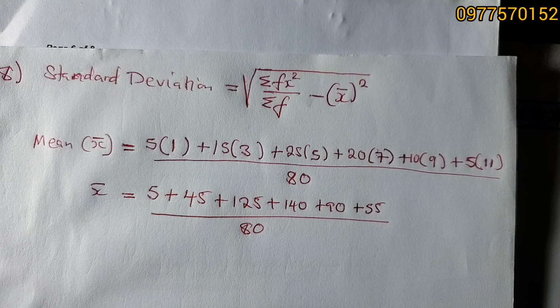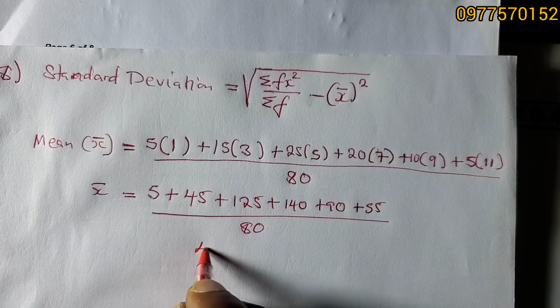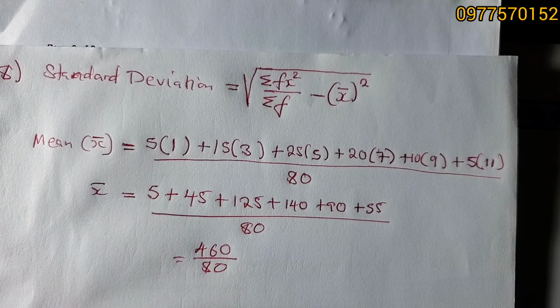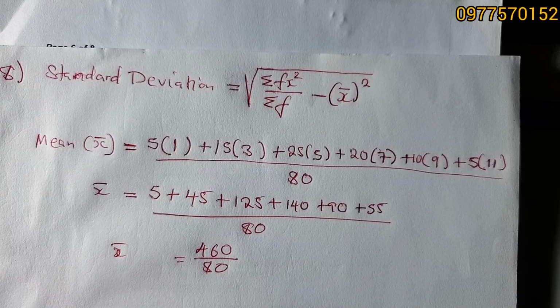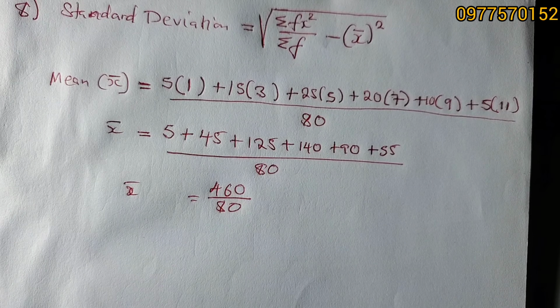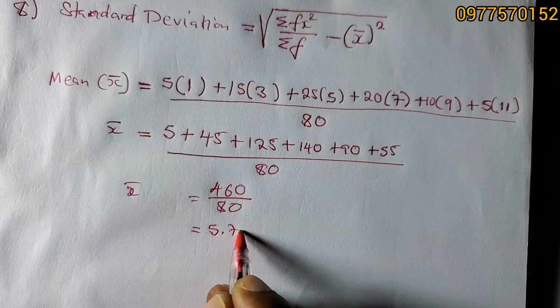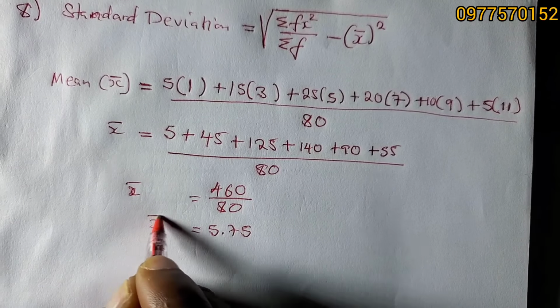Now let's add 5 plus 45 plus 125 plus 140 plus 90 plus 55. It's giving me 460. 460 divided by 80. Remember, what we are finding here is the mean. When we divide 460 by 80, we get 5.75 as the mean.